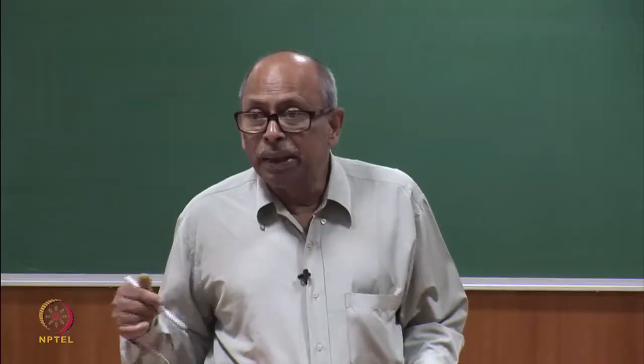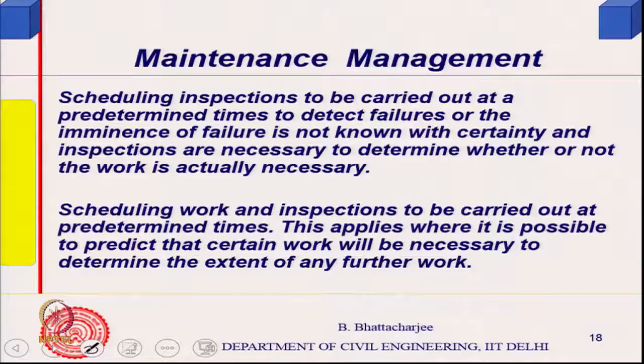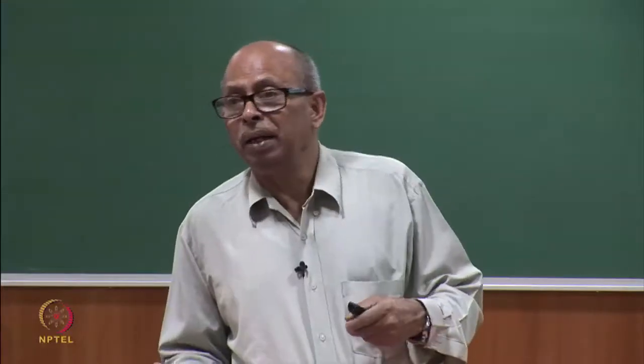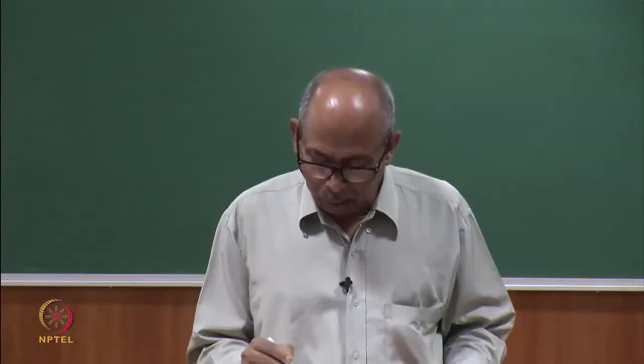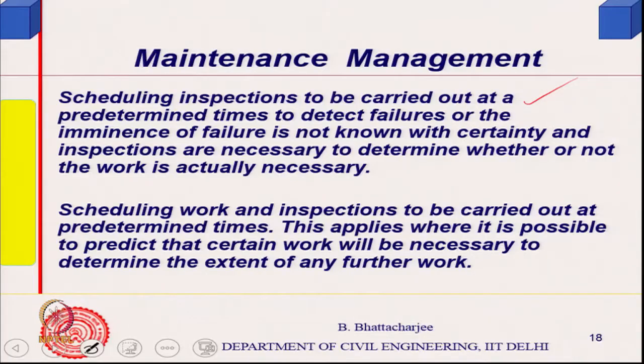So, the second thing is that inspection is a must for the plant maintenance system. You can identify the defects, and where you can identify the imminence of failure, you will put them in schedule. Where you cannot identify, you cannot predict, even through inspection.